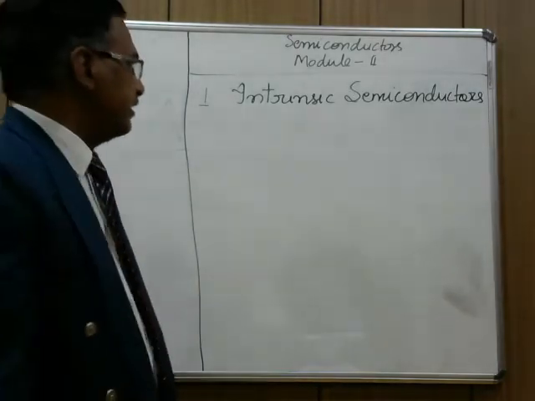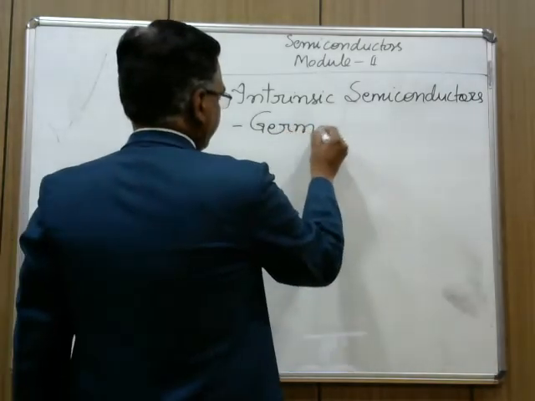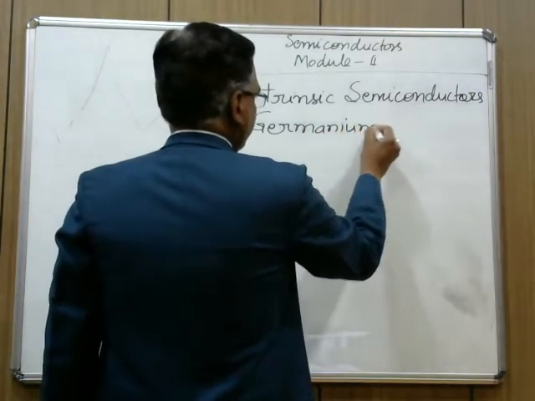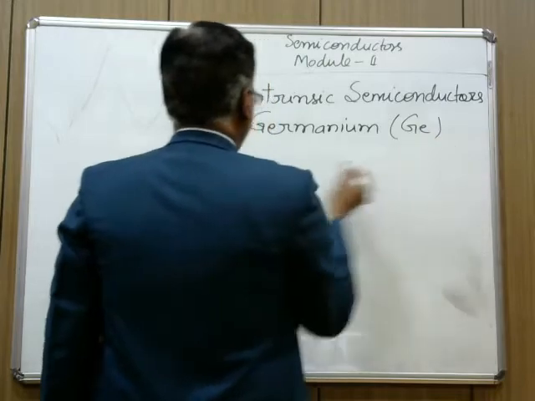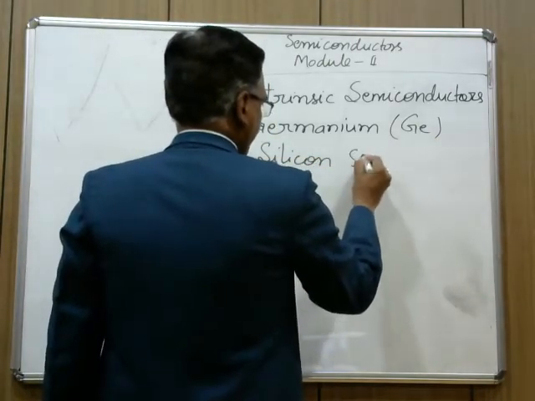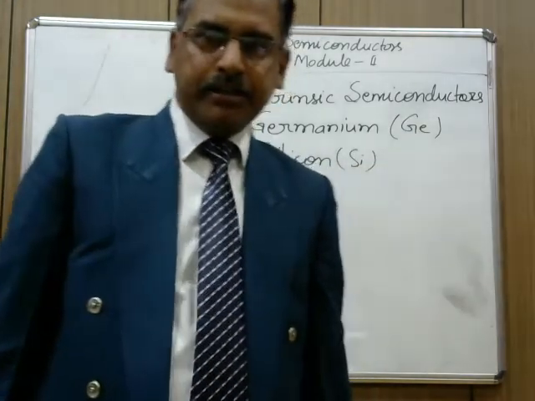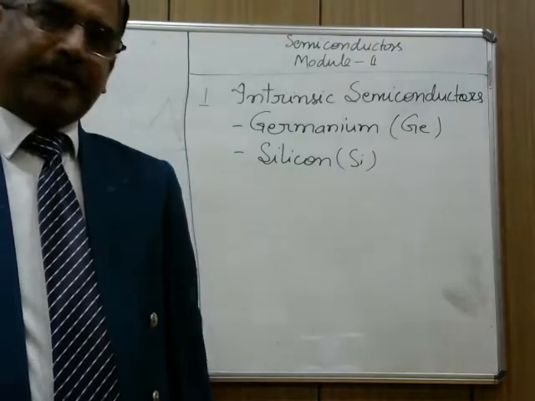The examples of intrinsic semiconductors are germanium and silicon. In pure form, germanium and silicon are called pure semiconductors.